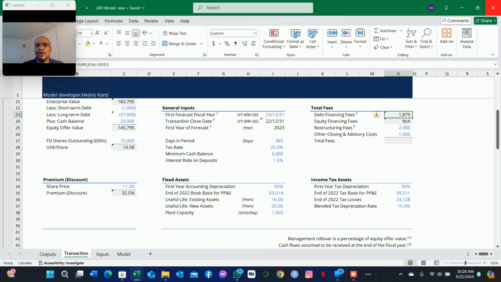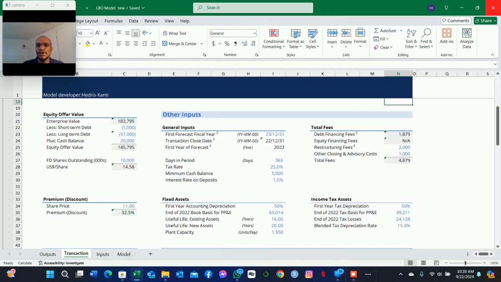But for the debt issuance fees, we know that certain securities were underwritten by investment banks. As a result, we have that amount set up for us there. So the total fees is going to be equal to the sum of all of these here. These fees will later on impact retained earnings going forward in the model.